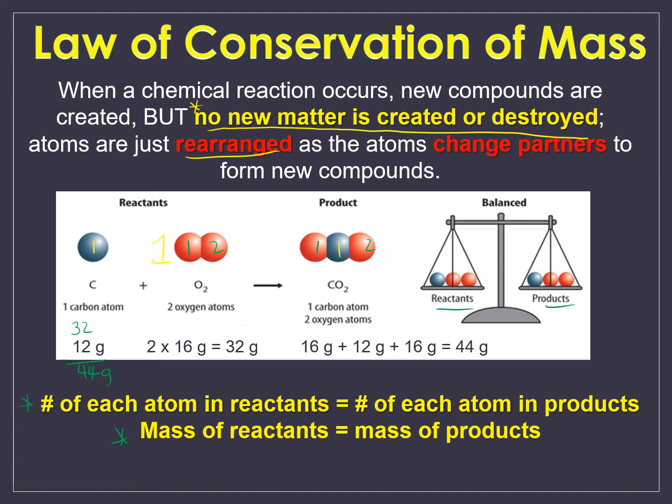Because I'm not creating or destroying matter, the mass before is equal to the mass after those atoms have been rearranged. So ensure that you have all the stars, that you have the definition here, and that you've added that the number of atoms are equal and that the masses are equal on both sides.